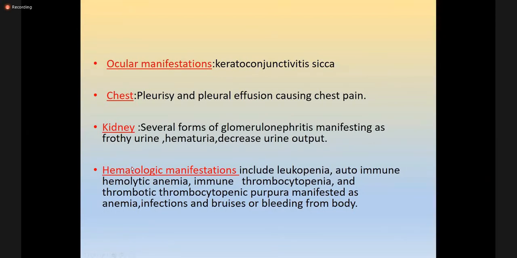Then comes the hematological manifestations. In the blood, we can get anemia. Now, anemia can be of two types.